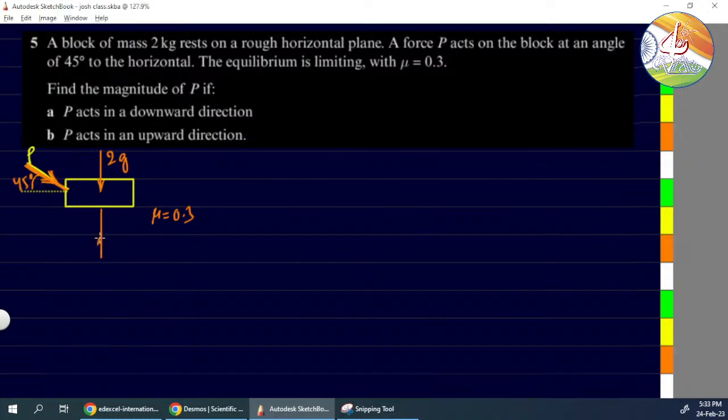So let's put all the forces, the reaction force here. Because the object is moving to the right side, we have to take friction on the left side. Because the equilibrium is limiting, we have to take friction as mu times R, and mu is given as 0.3.